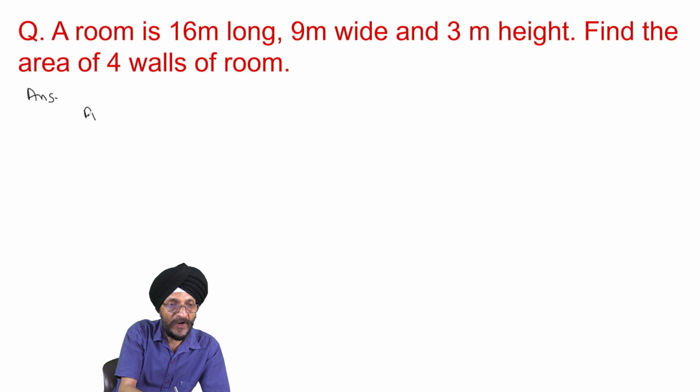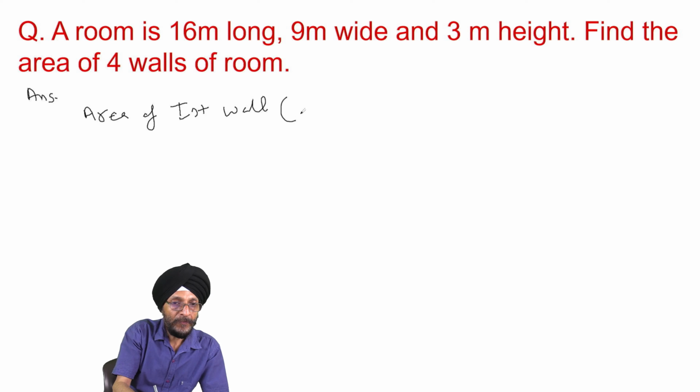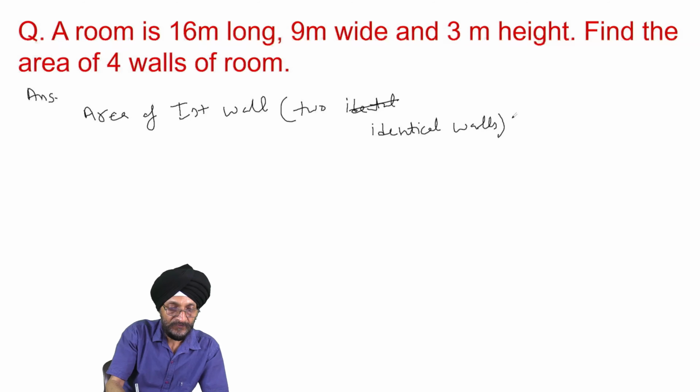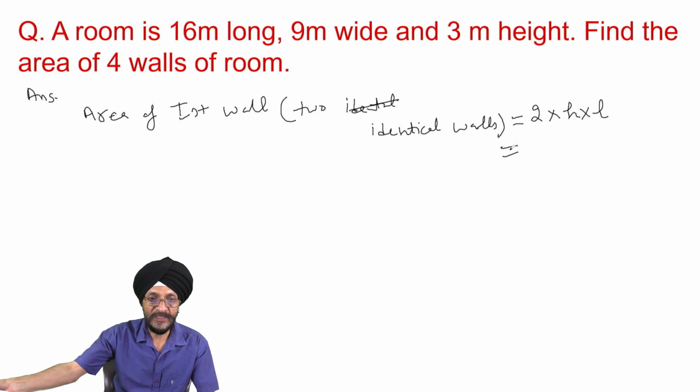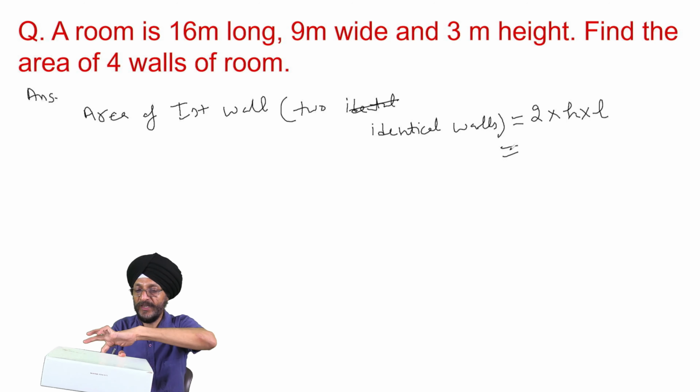So first we will find out the area of the first wall, two identical walls. So it will be 2 into height into length. This is the area of the walls we are calculating.